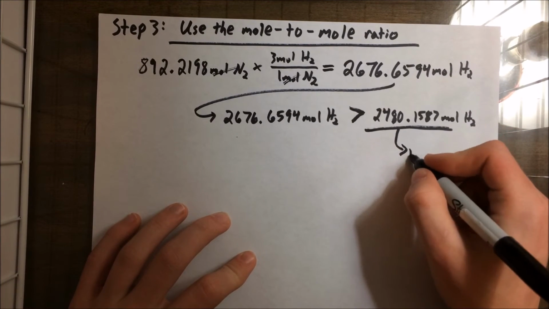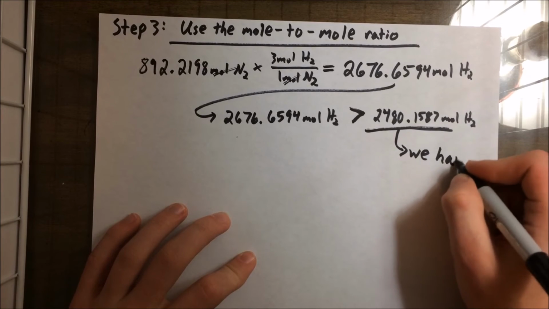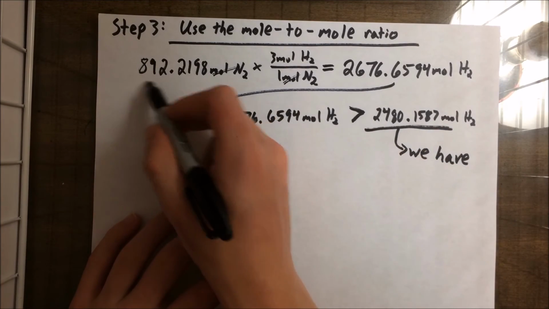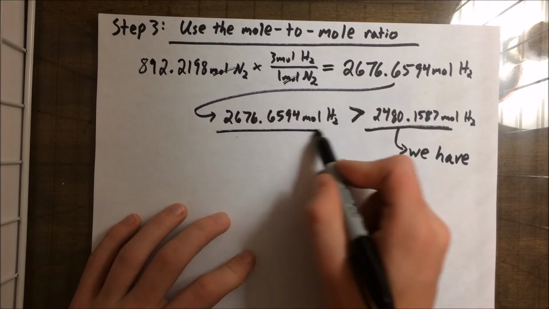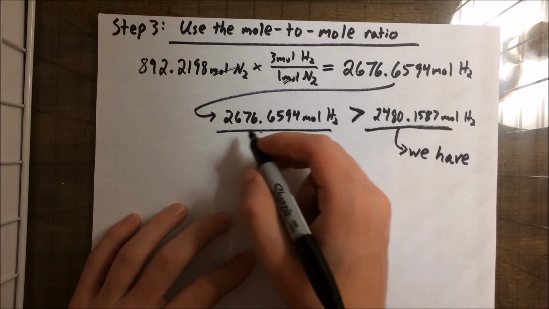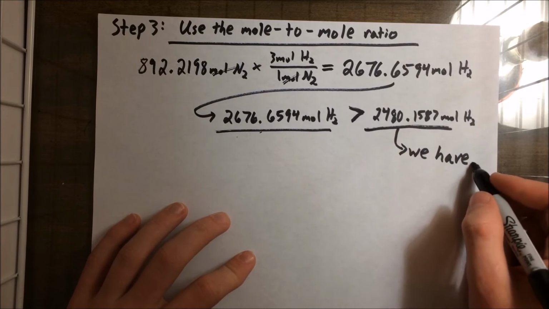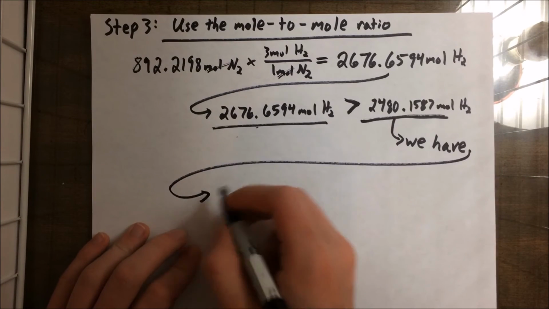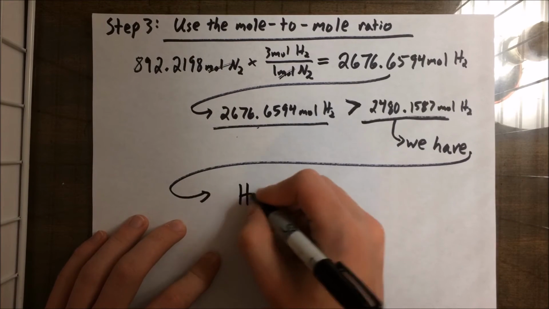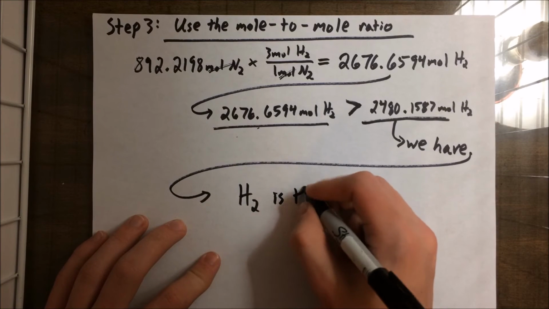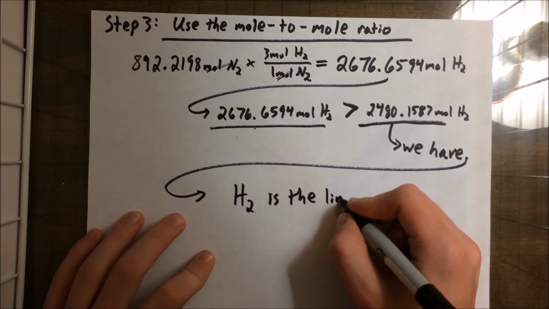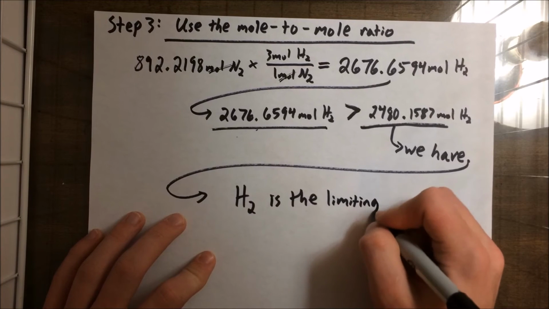To use up all of this, we would need that much. So because we only have this amount, therefore H2 is the limiting reactant.